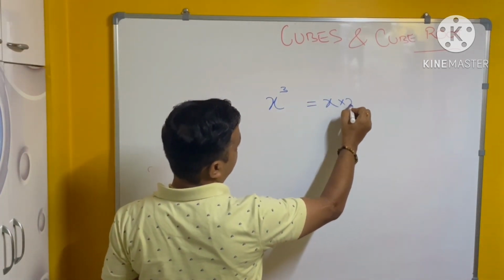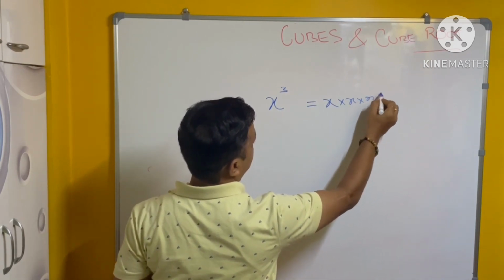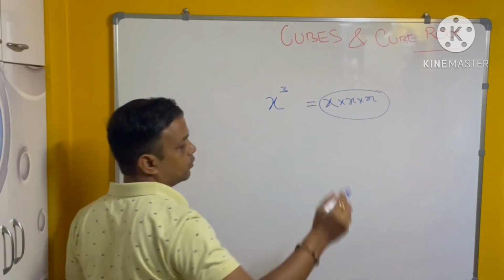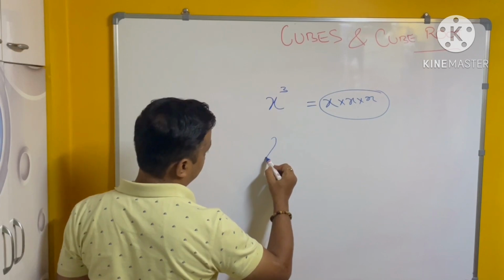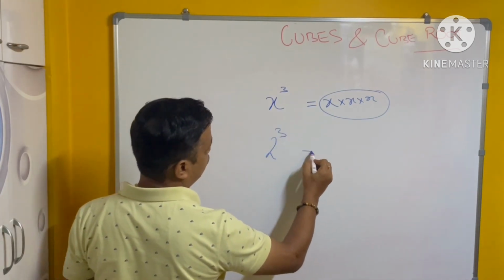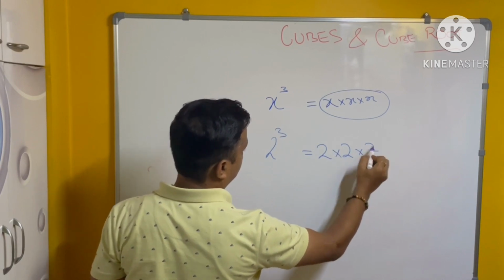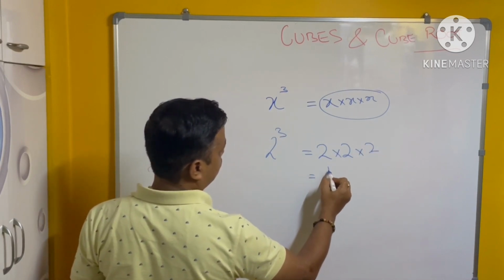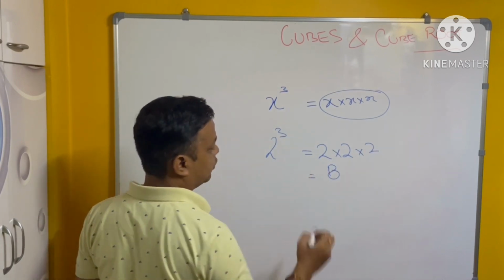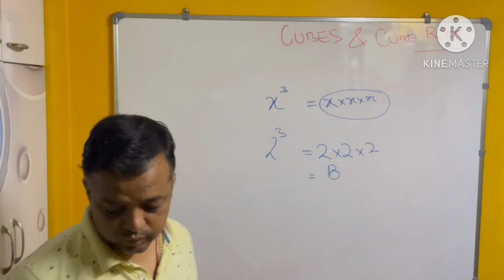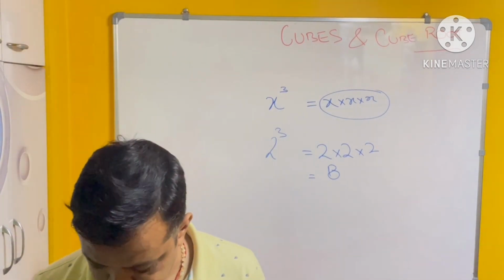Multiply that number by itself 3 times. So if I say 2 cube, so 2 into 2 into 2, right? So this is a cube.